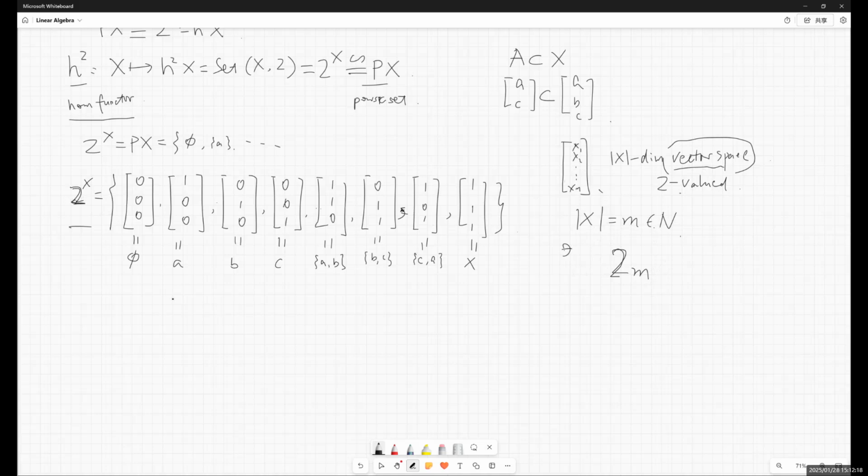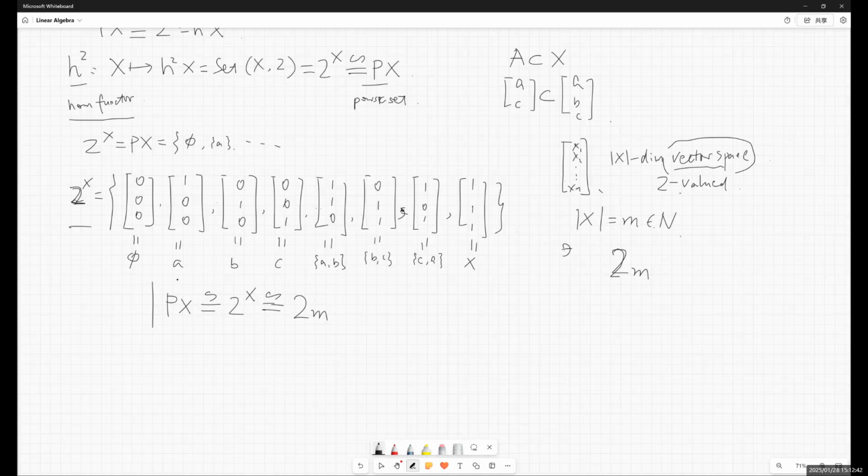So we have the power set isomorphic to the home set of characteristic functions and isomorphic to the M-dimensional binary valued vector space.